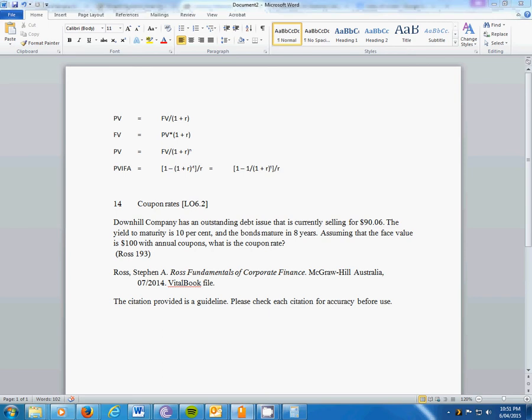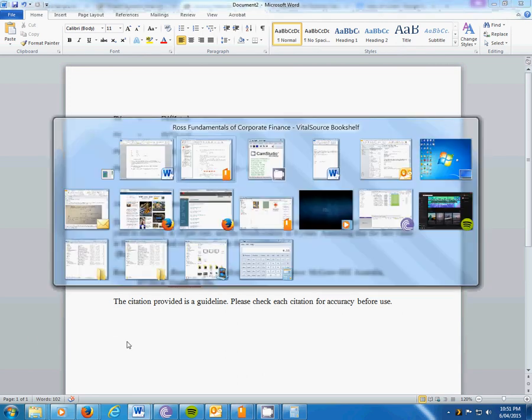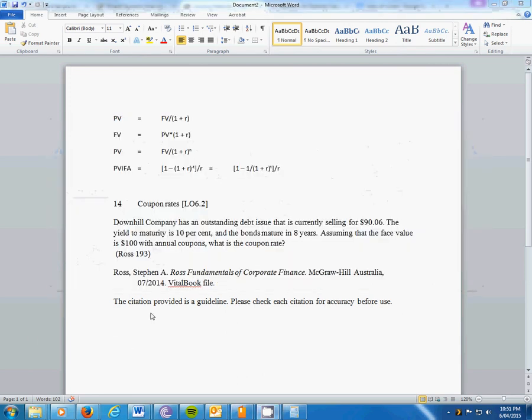Now, I could just grab the bond value equation, which is 6.1 on page 176 of the text. What I'm going to do is show you how it's built. It's just as easy to do. So let's say bond value here, which we know, but we'll just put it in as a word and replace it in a minute.